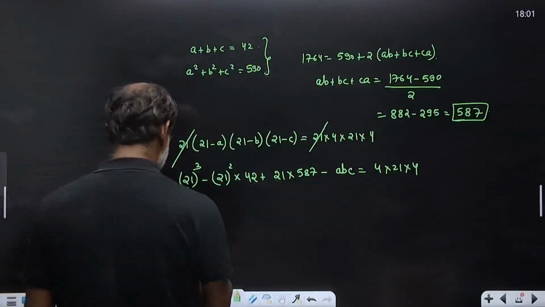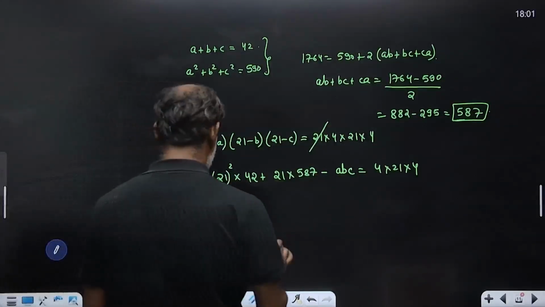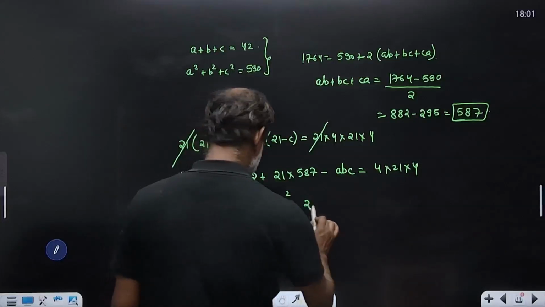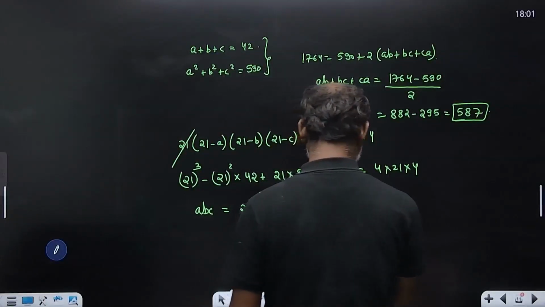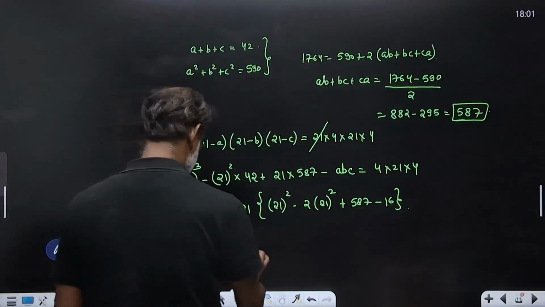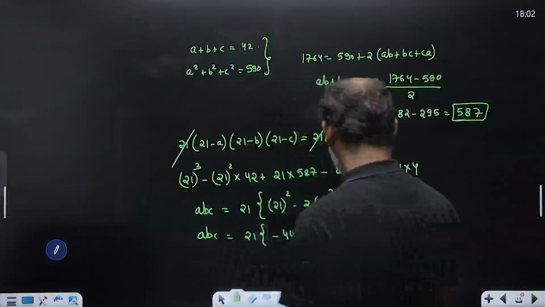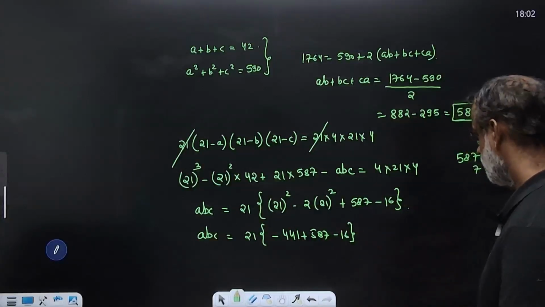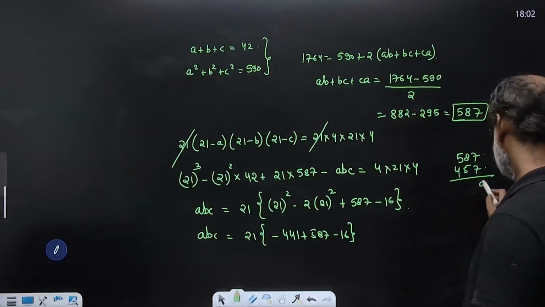So you calculate ABC as 21 cube as 21 into 587, 7, 5, 4, isn't it? 0 3 1.